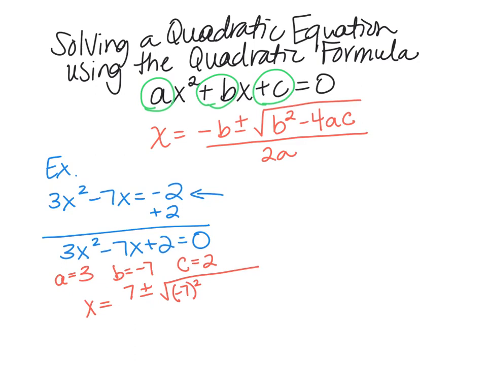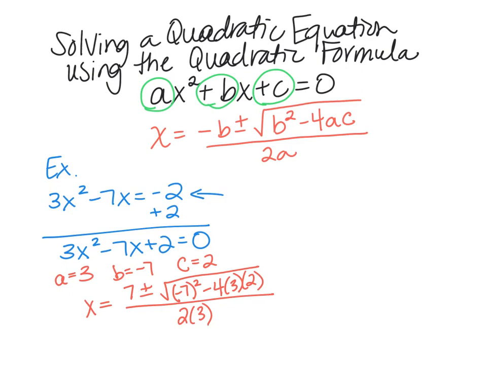If I don't use parentheses, sometimes, especially if I'm using a calculator, it will accidentally say 7 squared and then put a negative on it. That is not what I want to do. So I want to take the entire negative 7 and square it. Then I'm going to have minus 4 times my A, which is 3, times my C, which is 2. All of that gets divided by 2 times A, which is 3.